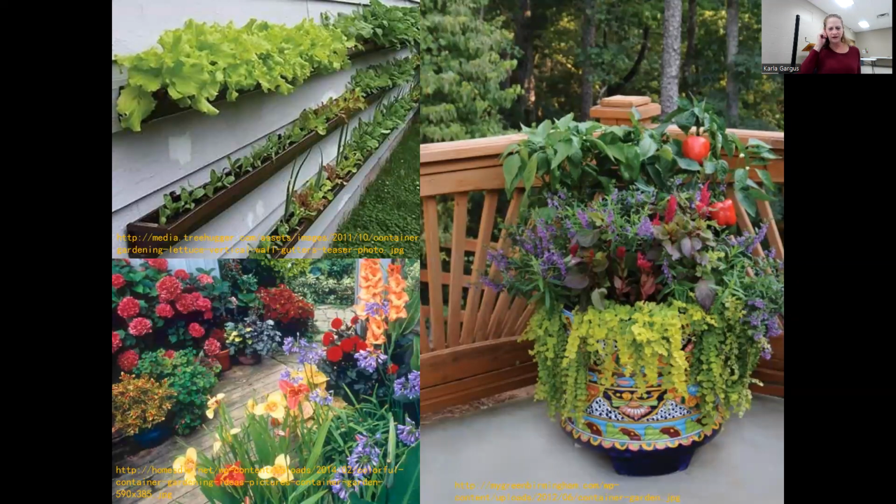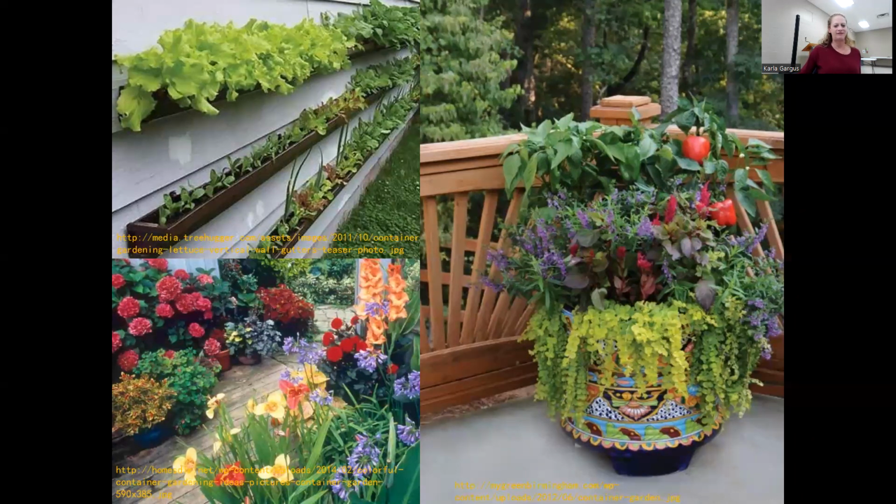Container gardening, if you don't have a place to garden in the ground, don't forget that there are a lot of ways that you can grow flowers and vegetables in containers, depending on the size of the container. They've got ones that hook onto the railing on your patios, and you can set boxes right there.